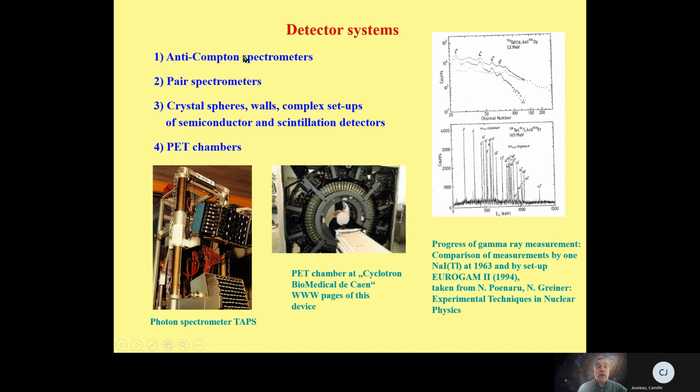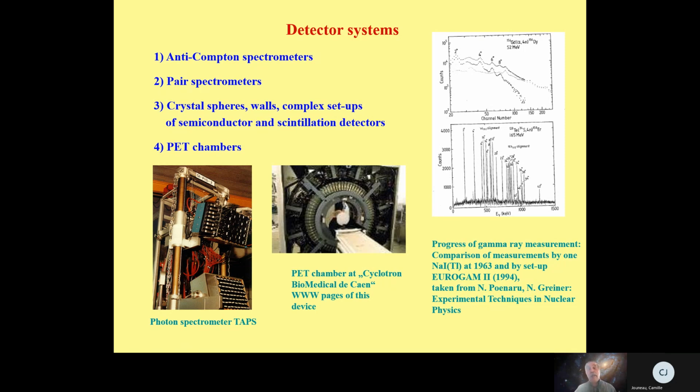One is anti-Compton spectrometers, pair spectrometers, and sometimes it's fine to have much more complex systems based on scintillation detectors, such as crystal spheres and walls, or complex setups of semiconductor and scintillation detectors.